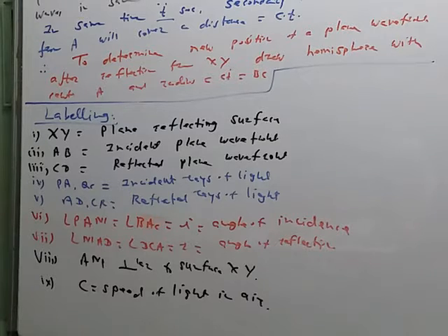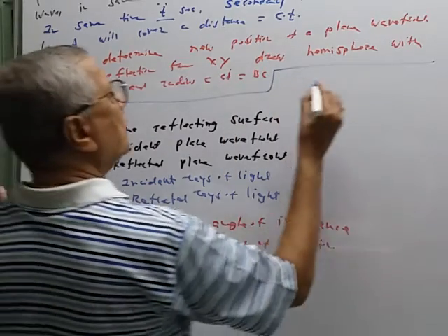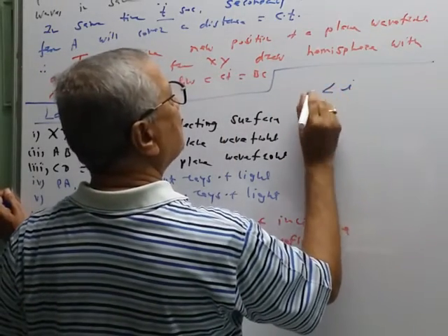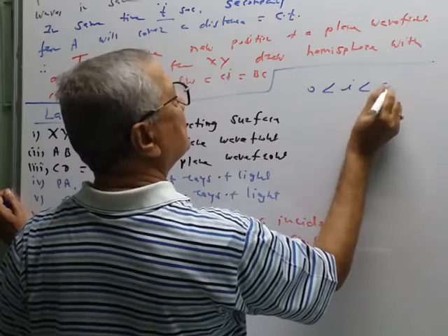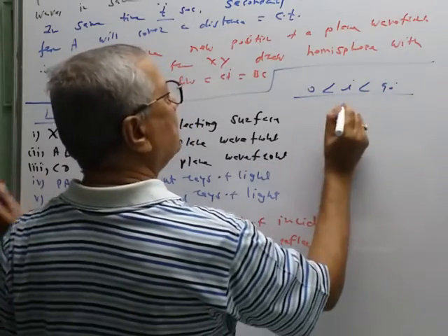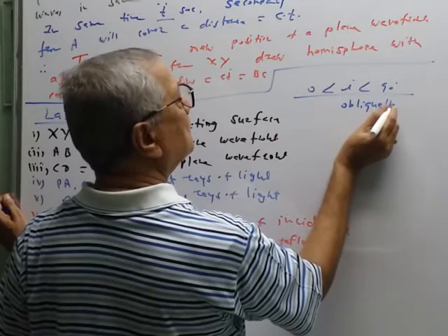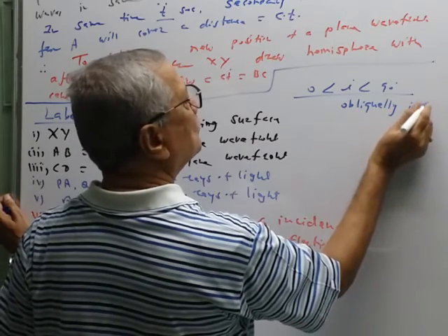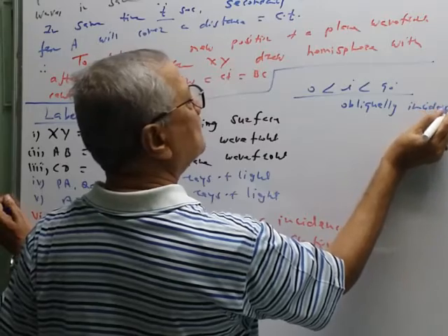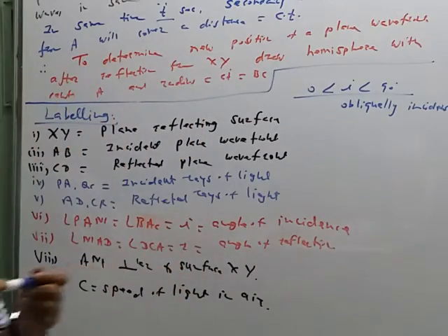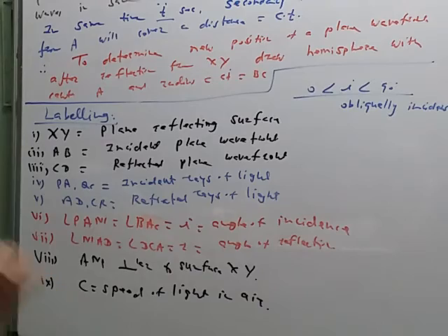Obliquely incidence meaning याप्रमाणे I is greater than 0 and less than 90 degree. The wavefront is incident obliquely on the surface xy, so that angle of incidence I is greater than 0 and less than 90 degree like this.